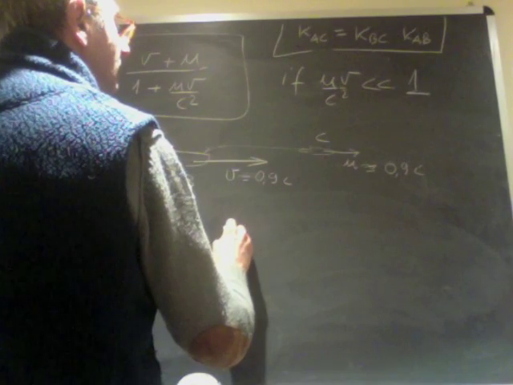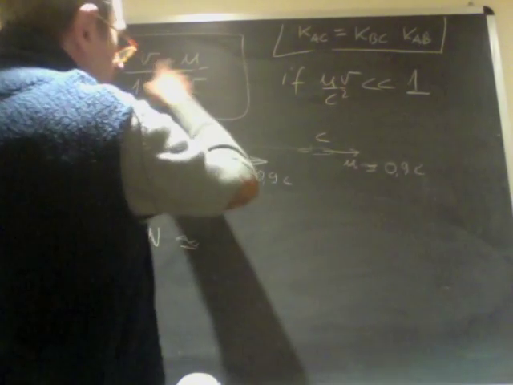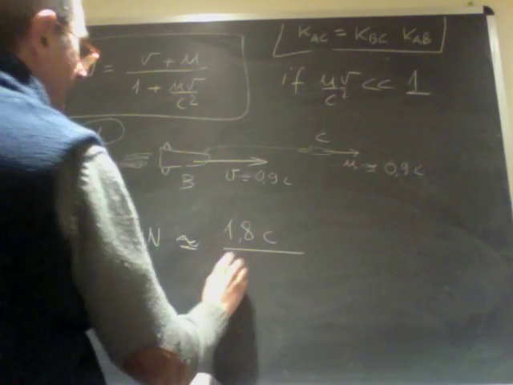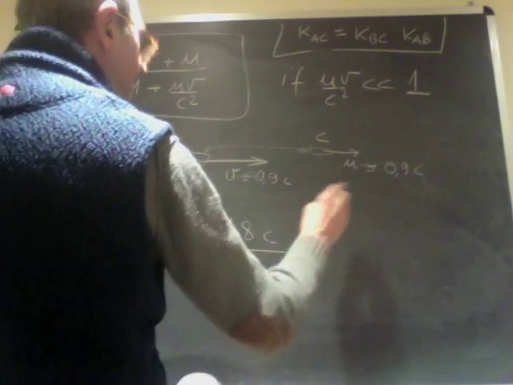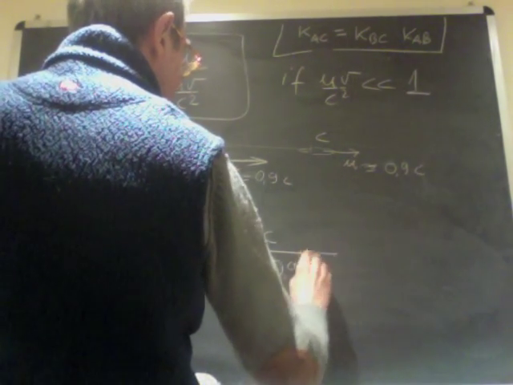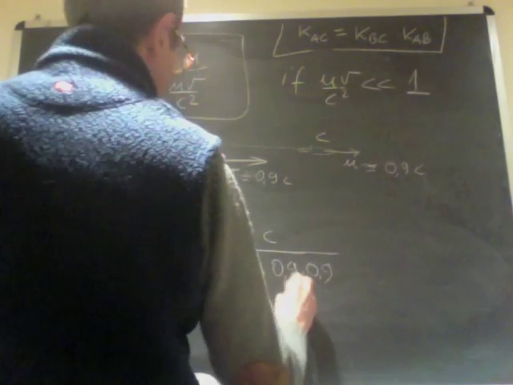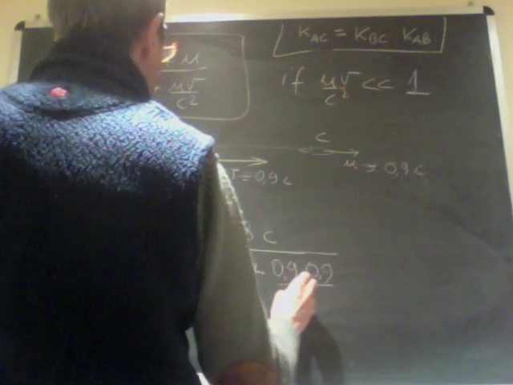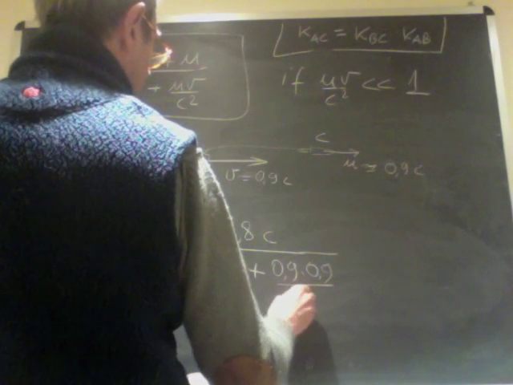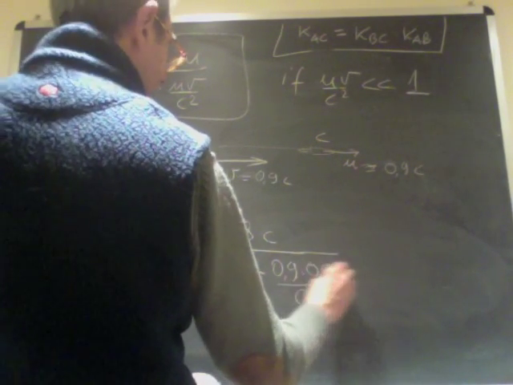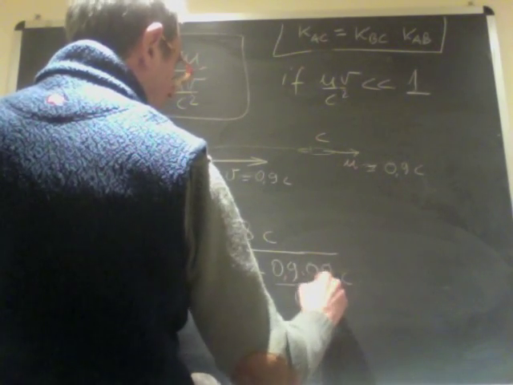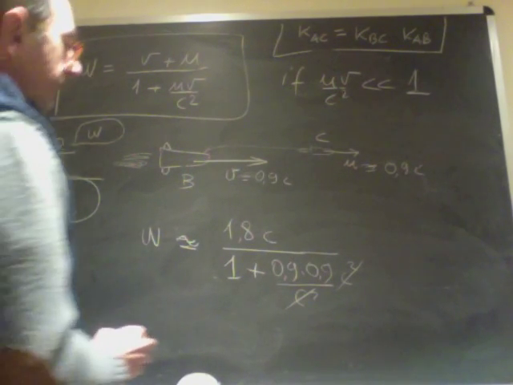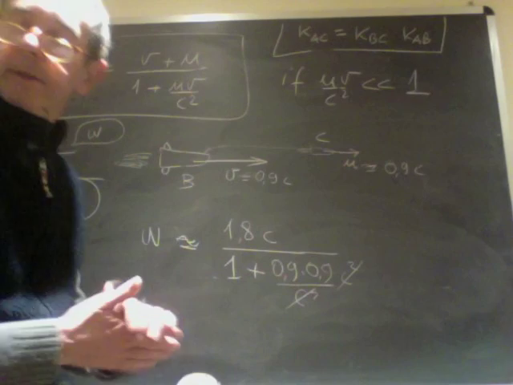It is 0.9c plus 0.9c, that is 1.8c, divided by 1 plus 0.9c times 0.9c, so c squared over c squared.